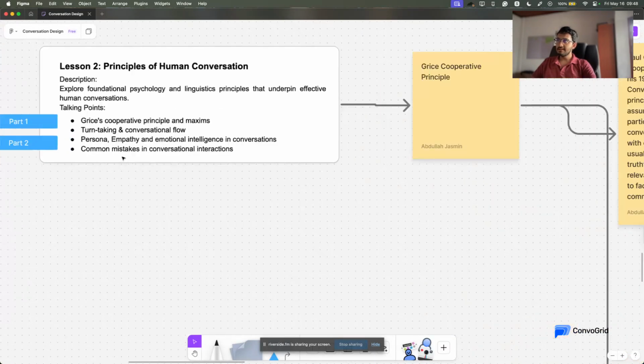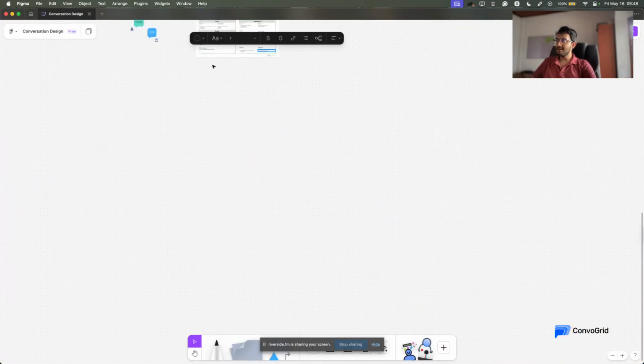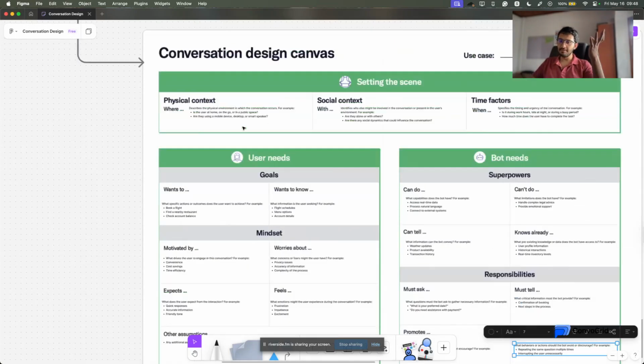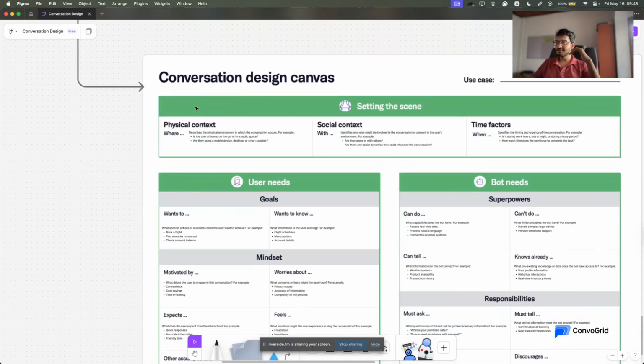But some other mistakes are, for example, not understanding what the user wants to really do. That's what really happens when you don't prepare a canvas, or when you don't have a proper structure to what you're going to do, because then you may make these sort of mistakes. One mistake is making the bot only able to answer a specific niche, without being able to assist the user with other things which are still related to the bot.